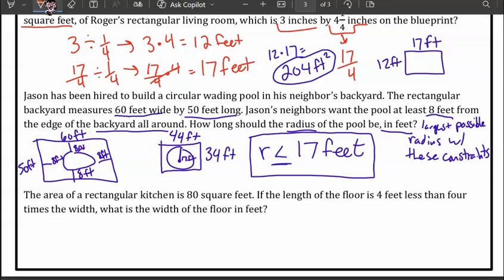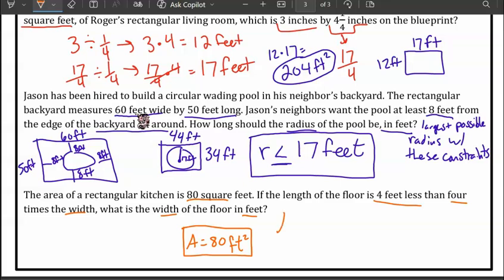The area of a rectangular kitchen is 80 square feet. If the length of the floor is 4 feet less than 4 times the width, what is the width of the floor in feet? We have an area of 80 square feet.